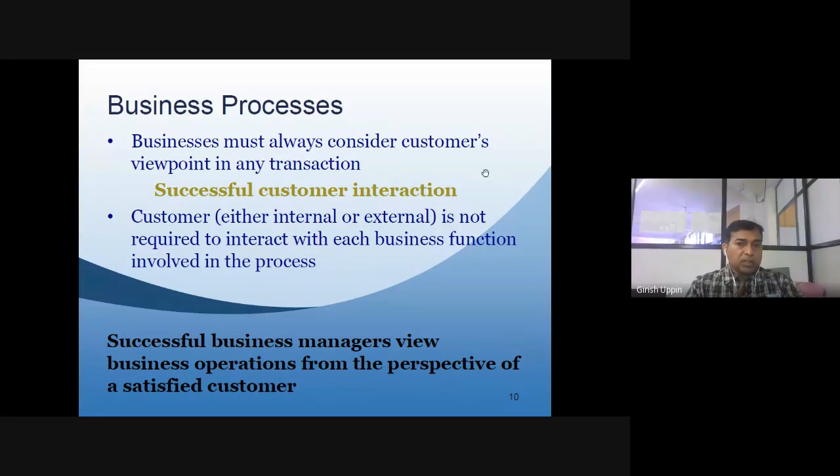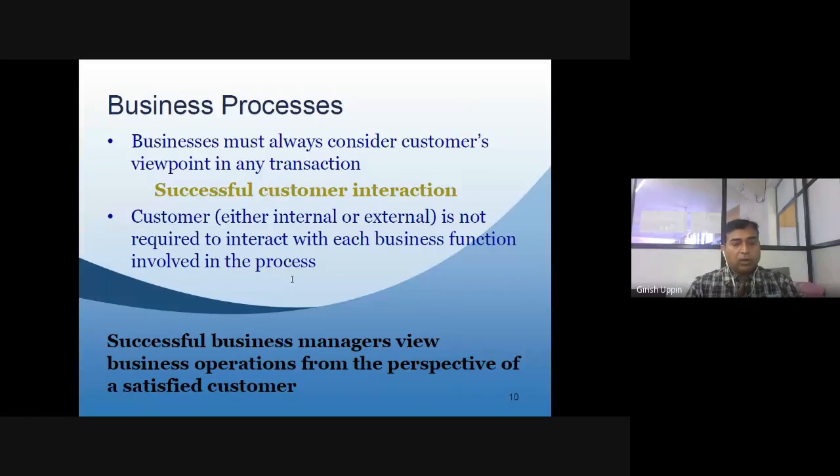Business must always consider the customer's viewpoint in any transaction. Successful customer interaction: always the customer viewpoint will help us enhance the business processes, which will make the company succeed and improve its sales. The customer is not required to interact with each business function involved in this process.